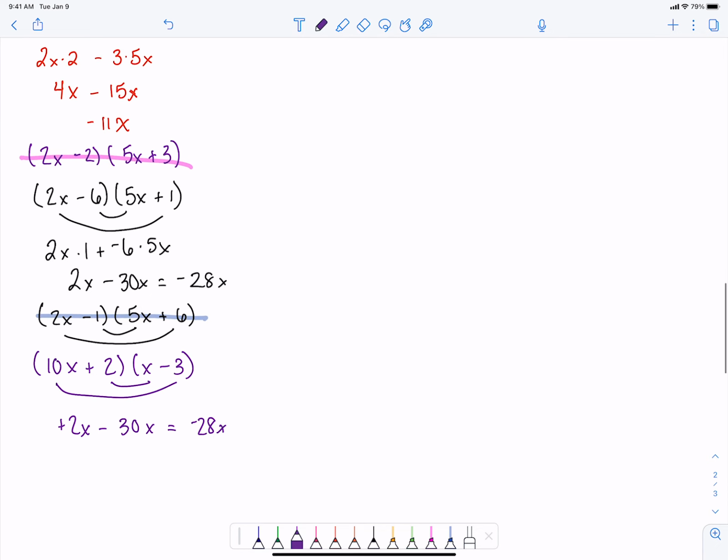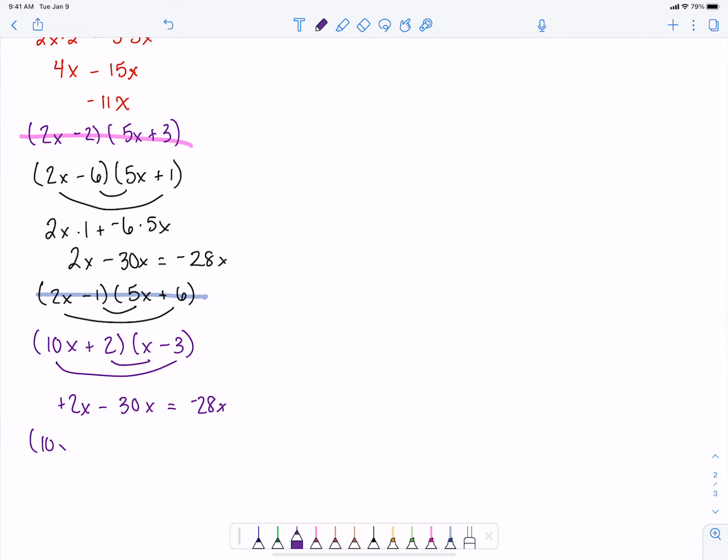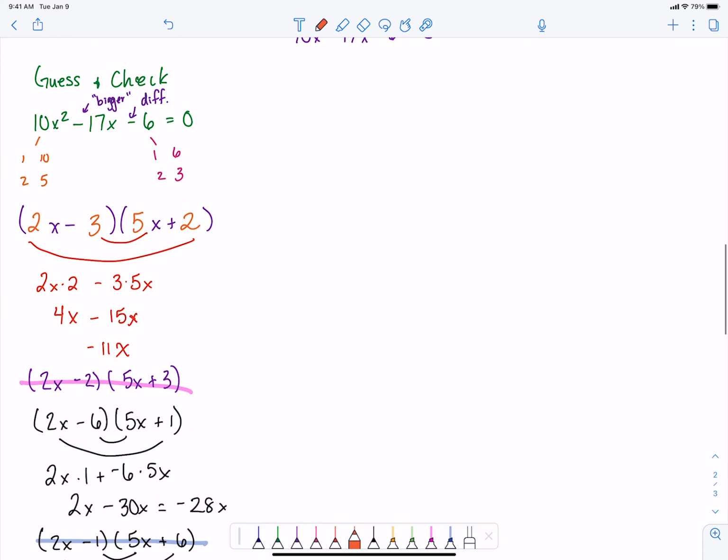Oops, that gives me negative 28. Well, what happens if I switch the 2 and 3? Maybe that would work. See what happens here with that outer and inner part of FOIL. So I get positive 20x minus 3x. Oh, I got positive 17. And I went, see, now I almost forgot what we were working towards, right? We want negative 17.